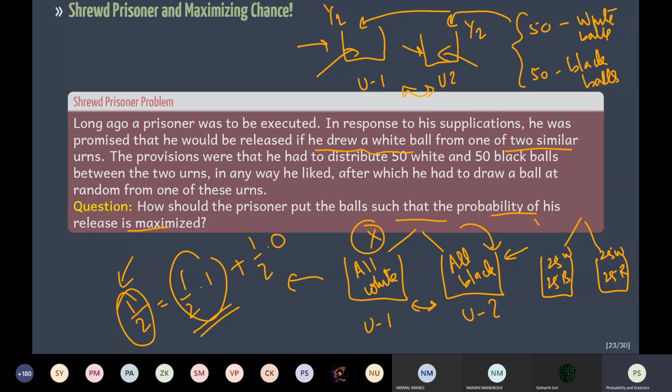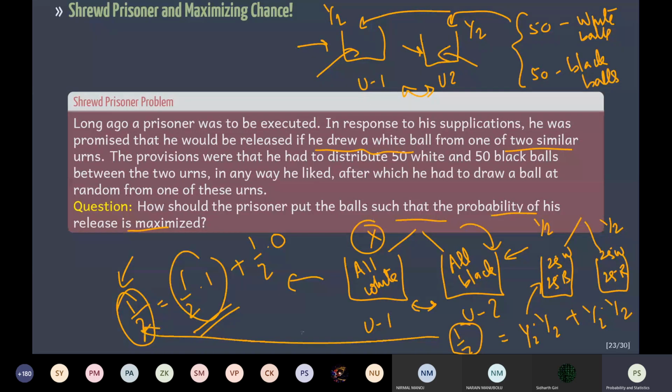You went half here, and since you also have half black, the probability of picking white becomes half times half. Similarly, if you went the other way, it is half times half. So 1/4, 1/4, and the probability of success is half again. This half is the same, so you did not increase his chance.